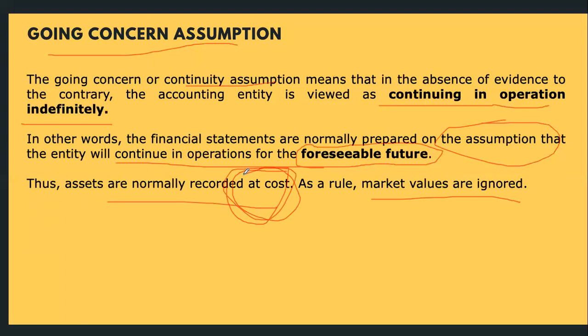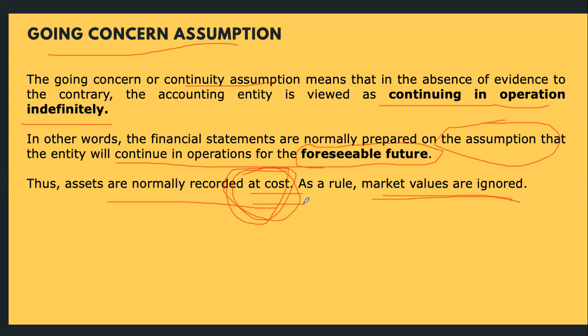We depreciate those property, plant, and equipment assets every year because we assume that the asset will be used indefinitely, for a number of years, because our assumption is our business will continue to operate. So as a rule, market values are ignored because we record it at cost. Okay, so that is the going concern assumption.